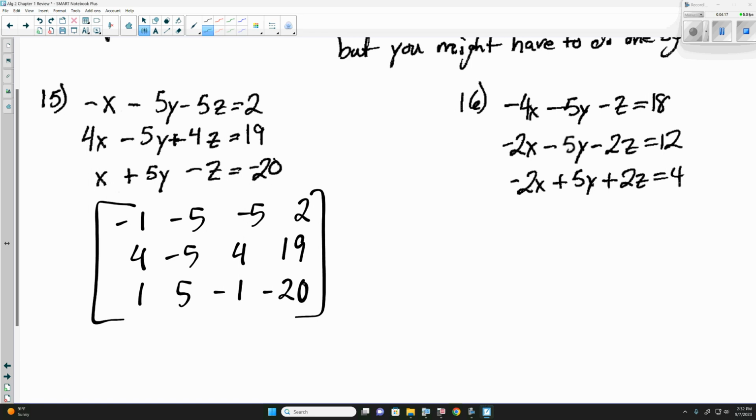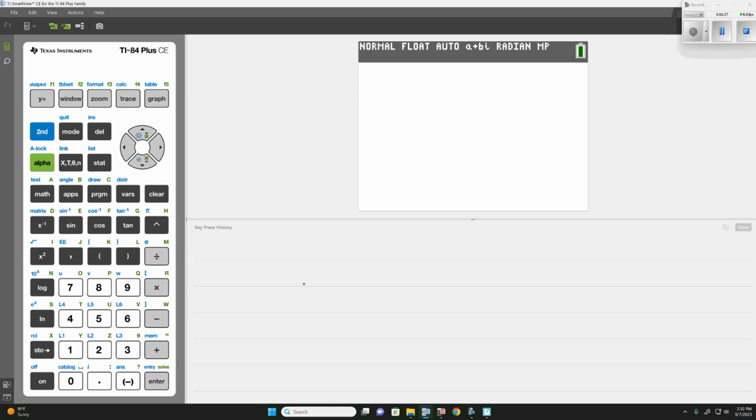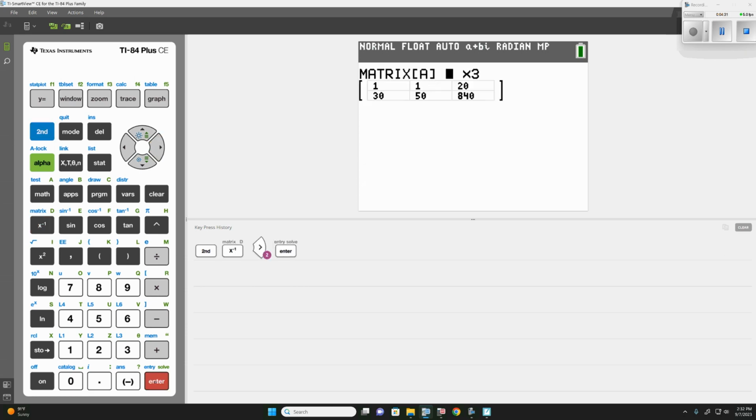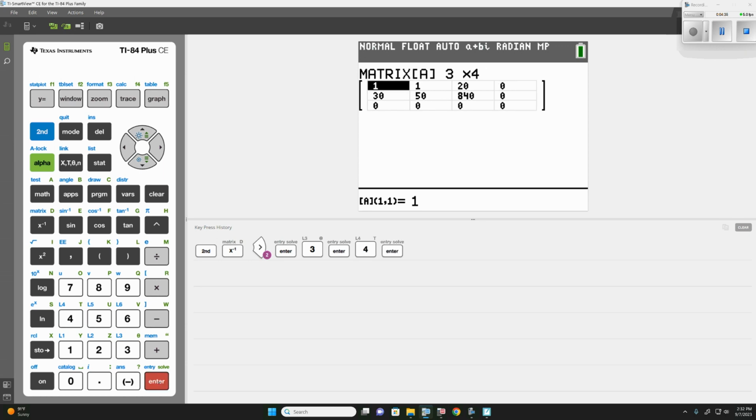I am just writing it out so that we see what we plug in. Now at this point here, we would grab the calculator. And then we're going to do second matrix, edit, 3 by, so arrows, move it over, 3 by 4.